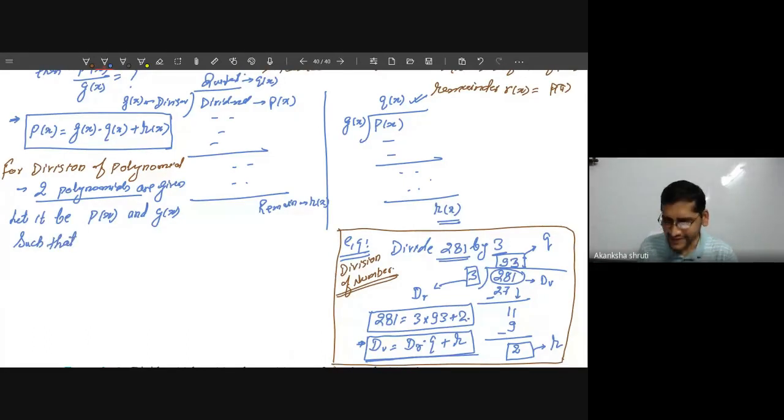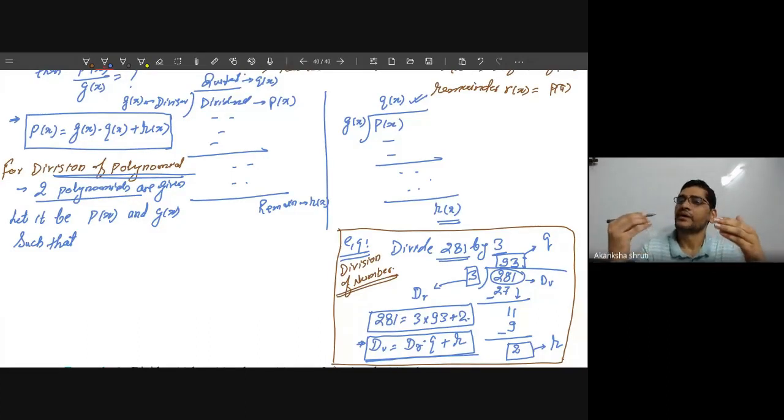Student, this is an important thing. When is division possible for two numbers? Can I divide 3 by 281, a smaller number by a bigger number? No. Then 3 itself acts as the remainder, and no quotient can be obtained. So division is possible for a bigger number divided by a smaller number. Similarly, for division of polynomials, one of the polynomials must have either equal or higher degree.